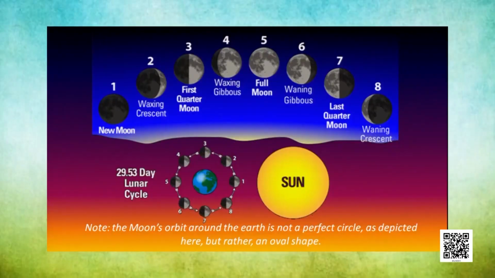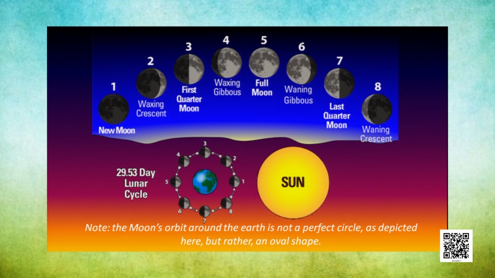From this figure, from this picture, you can know how different phases of the moon appear. In this figure, you can see here children, this is the earth and this is the moon which revolves around the earth. This is the position of the sun.